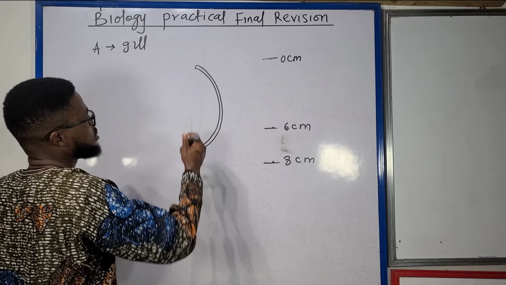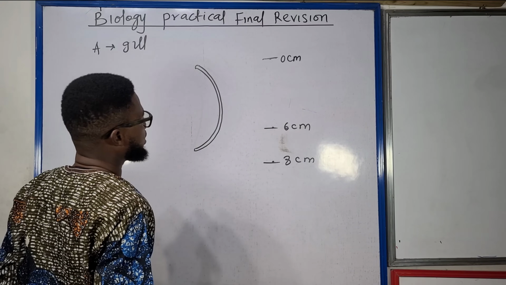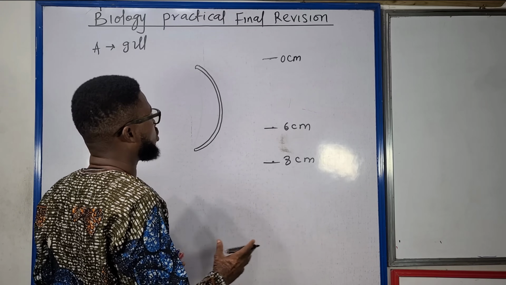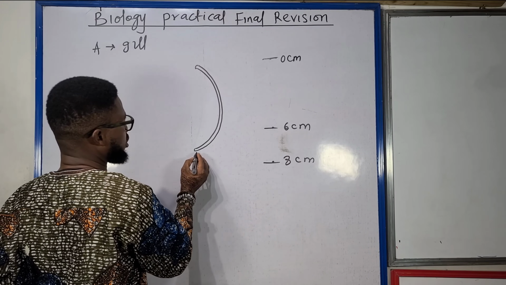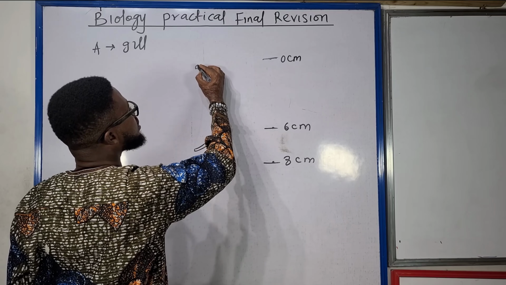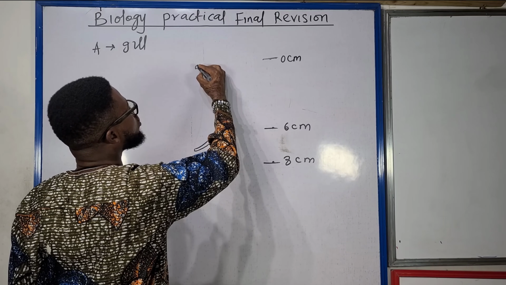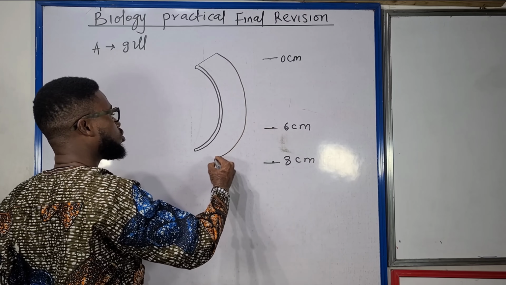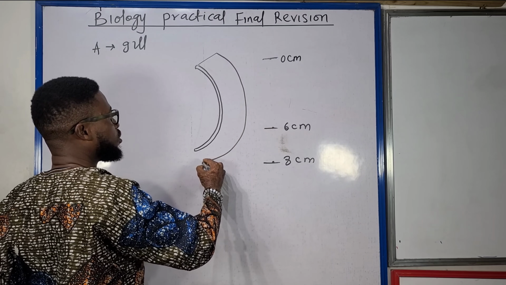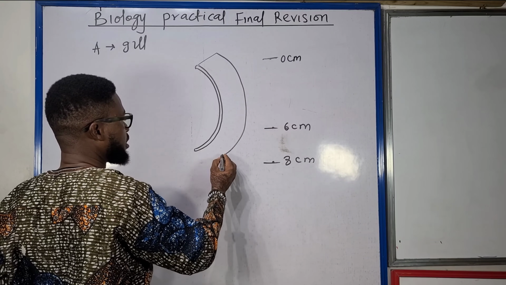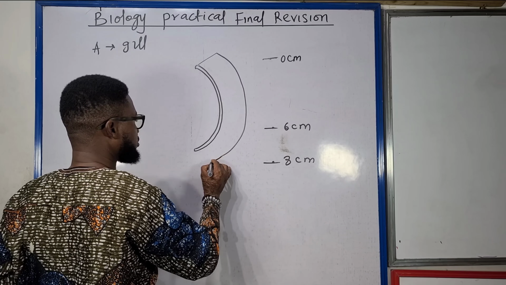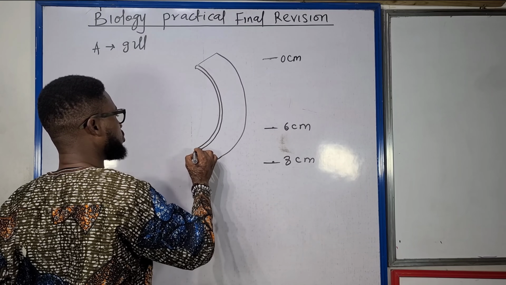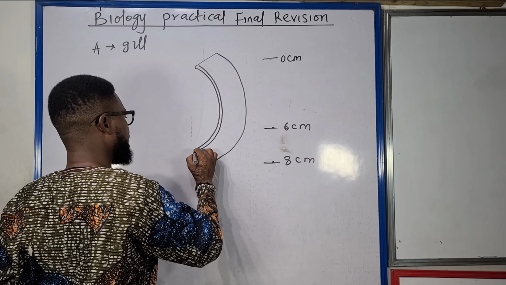So once you've drawn the gill arc, the next thing is that you want to try and draw the filament. And to draw the filament, the best approach is to sort of go this way and then draw another curve on the outside, which of course we are still going to clean at the end of things.